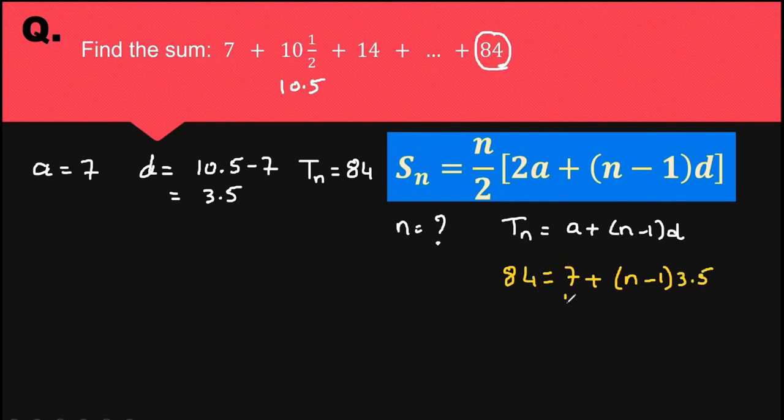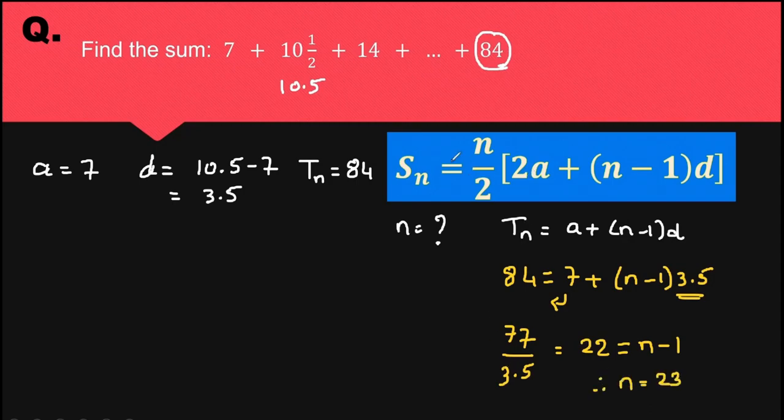So solving this equation for n, transposing 7 to the other side, we get 77. Then transposing 3.5 to the other side, 77 divided by 3.5, and that gives the answer as 22. So 22 equals n minus 1. So we have n equals 23.